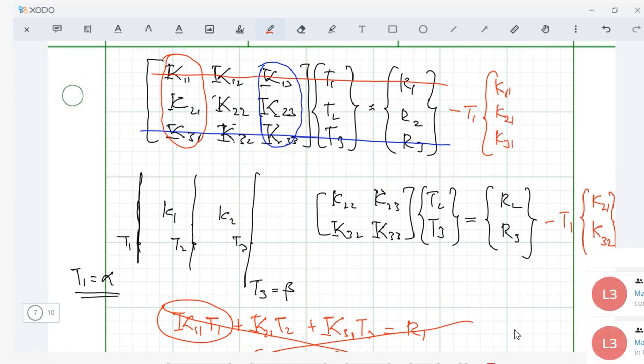But note that this is not used, because the first equation is not used.